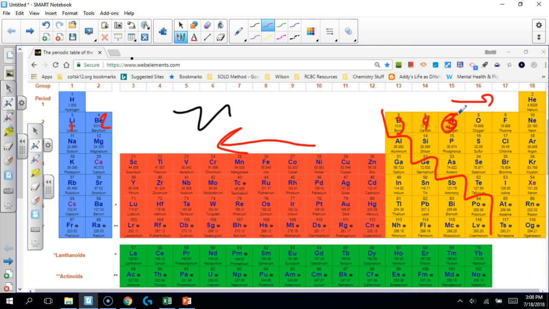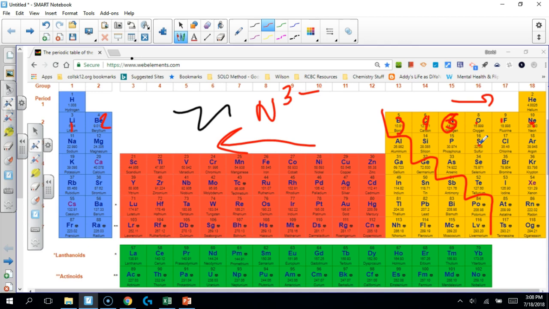So what happens is, nitrogen is going to gain 3 electrons so that it can look like neon. So we can predict that nitrogen will have a 3- charge when it forms an ion. It's probably not going to have any other charge except for 3-.